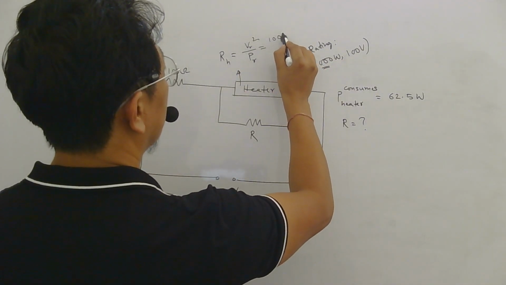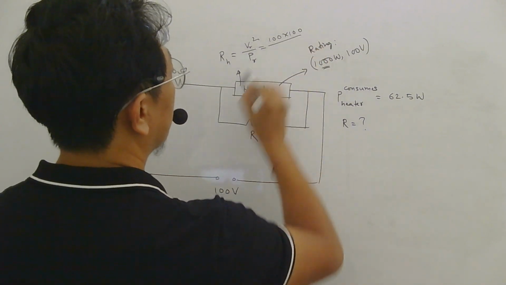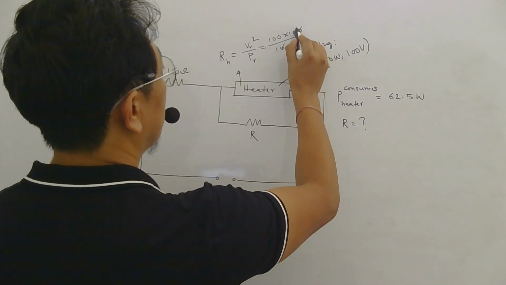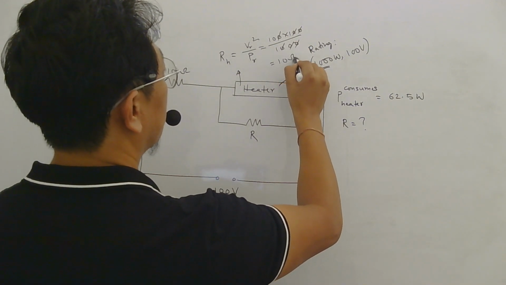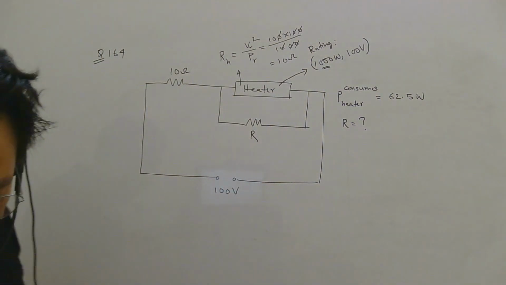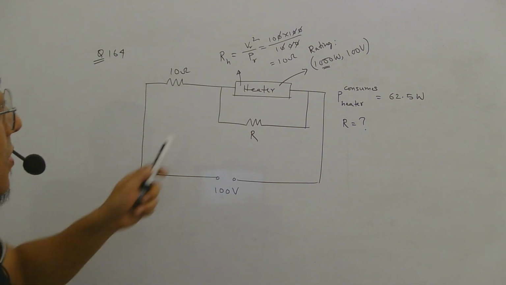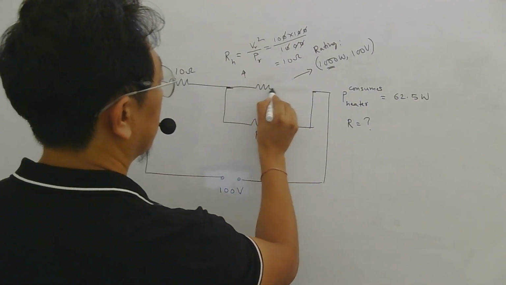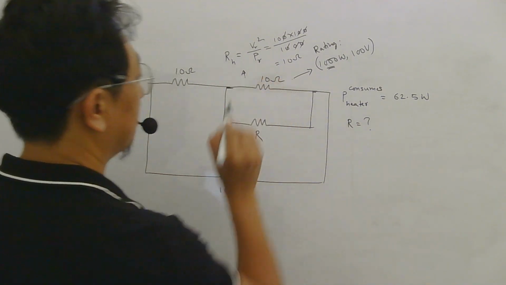So 100 into 100 divided by 1000. So 10 ohm. So basically I can replace the heater by a resistor of 10 ohm. So here we have 10 ohm resistance. Okay.